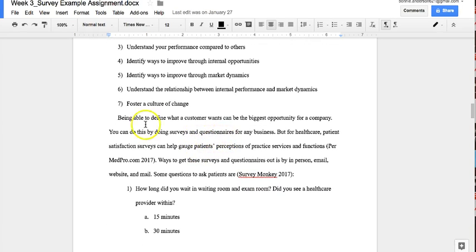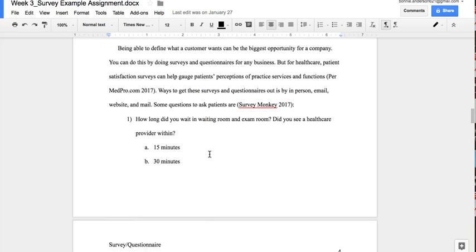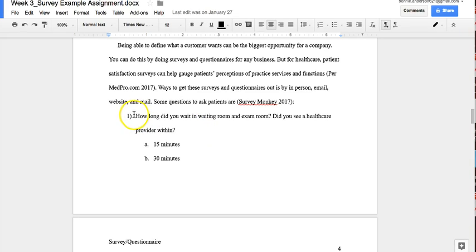Then the big question this survey was to answer was patient satisfaction. They wanted to gauge patient satisfaction and collect data from the patients on how satisfied they are with their services. So a survey was developed with that question in mind.